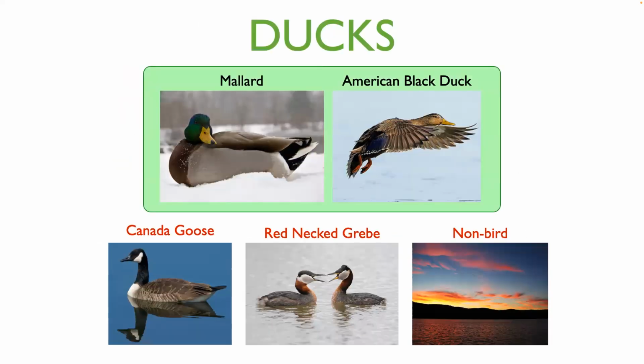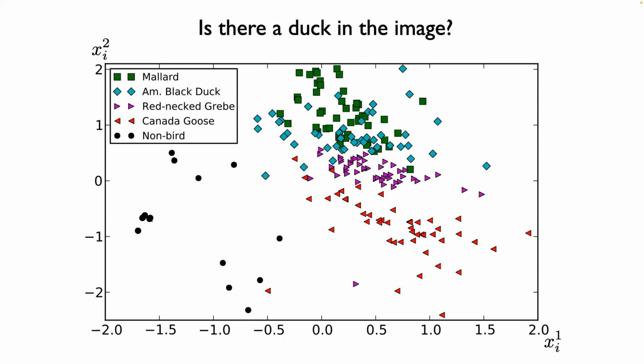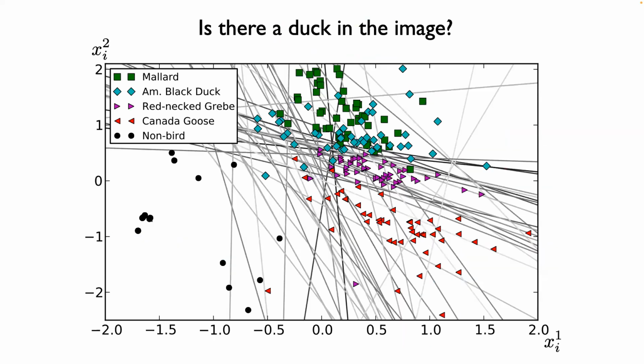So here you ask them to classify, is there a duck in the image? And here, artfully, we constructed a data set that had geese and grebes and nothing. And this picture shows you that based on all the annotations, we can work out the fact that some annotators are able to, so these lines are the separators or the discriminators with the annotators having the head, which we estimate.